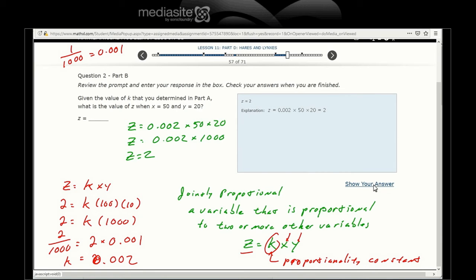Now wait a minute. So the same answer as when x was 100 and y was 10. That's interesting.